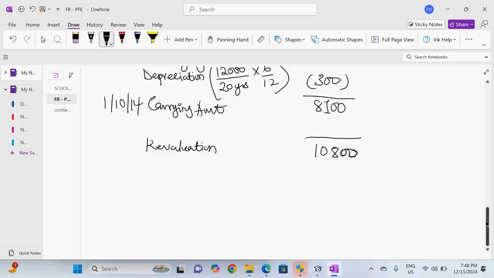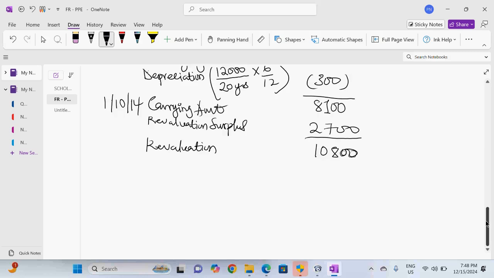Upward revaluation, so that will lead to a revaluation surplus. What is the difference? 2,700.